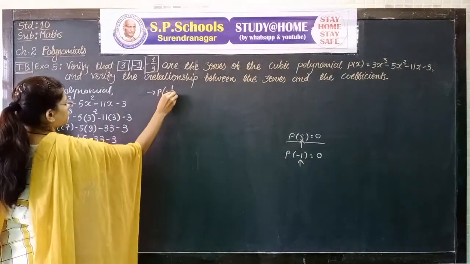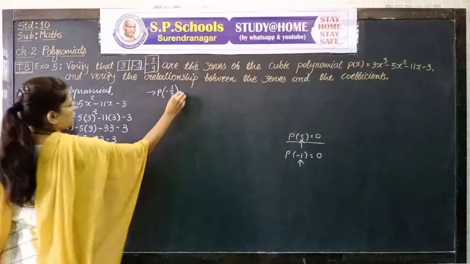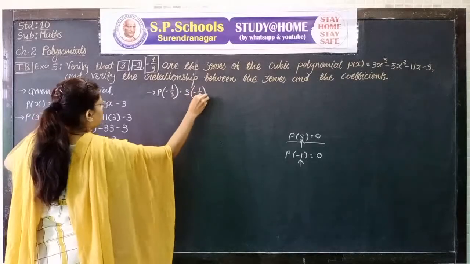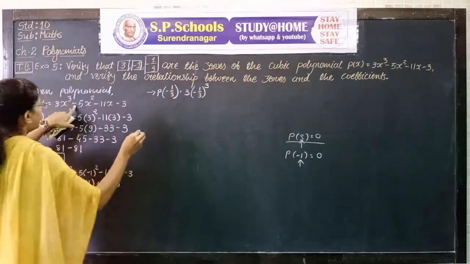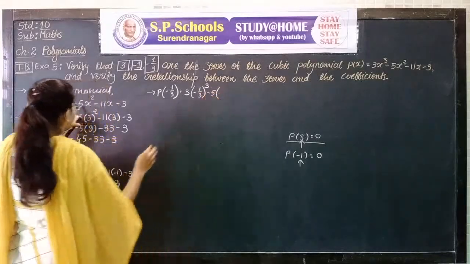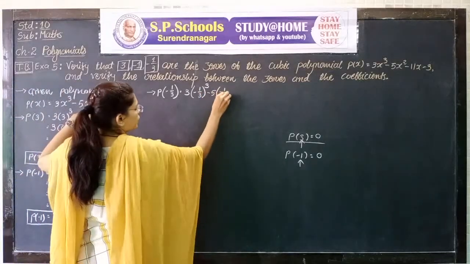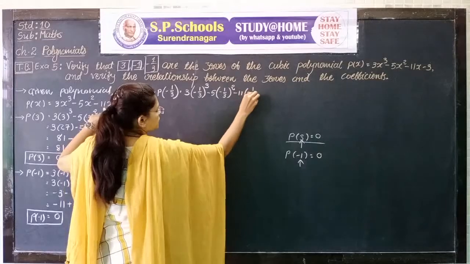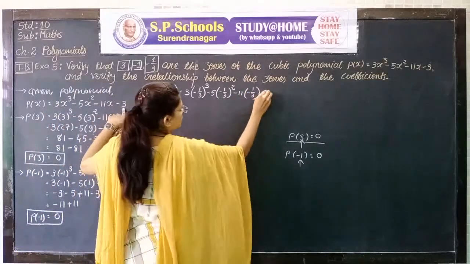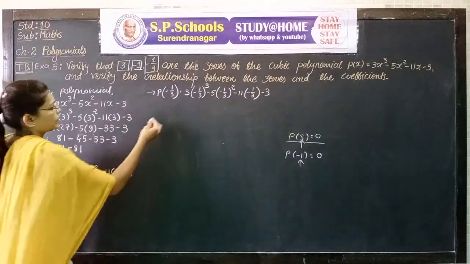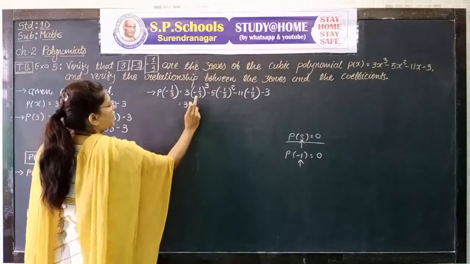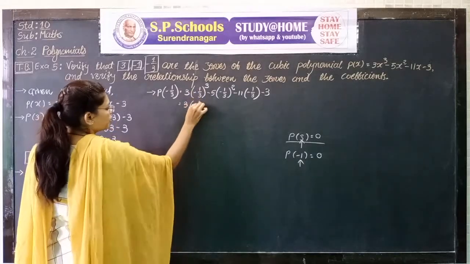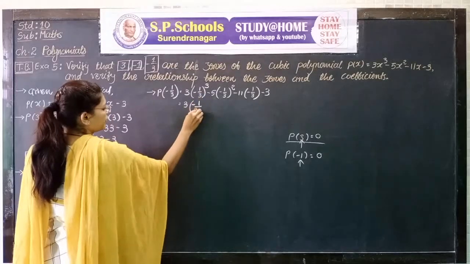P of minus 1 upon 3 is equal to 3 into minus 1 upon 3 cubed, minus 5 into minus 1 upon 3 whole squared, minus 11 into minus 1 upon 3, and last minus 3 remains as it is. Equals 3 into minus 1 upon 3 cubed. Cube of minus gives minus, cube of 1 is 1 and cube of 3 is 27.